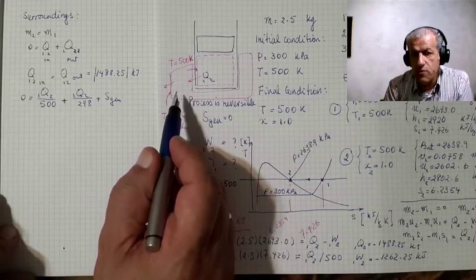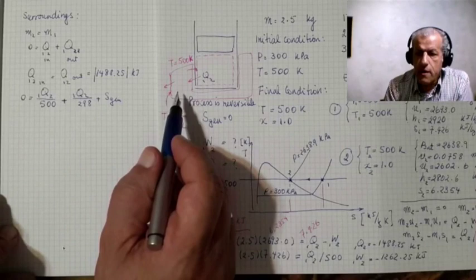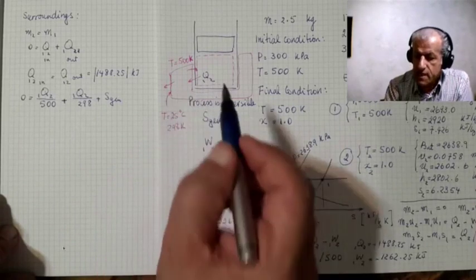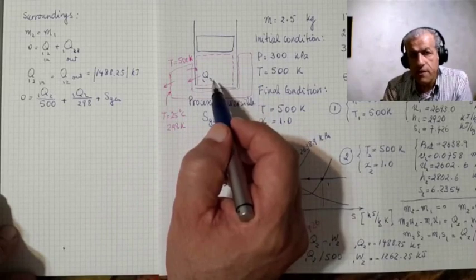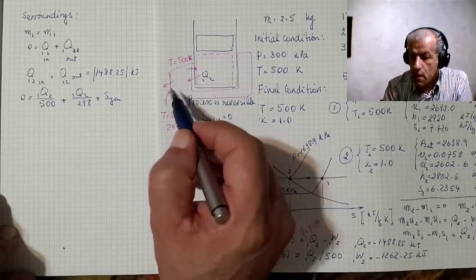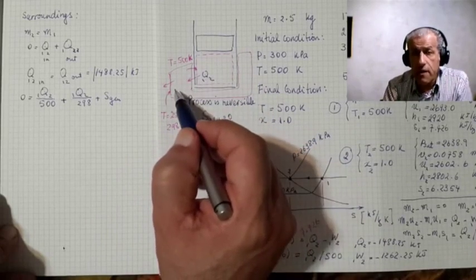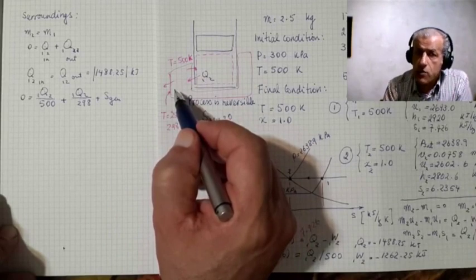You see, this is what we mean by internally reversible. It means that this process was internally reversible, but there were irreversibilities outside.